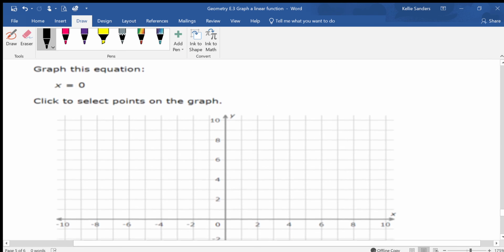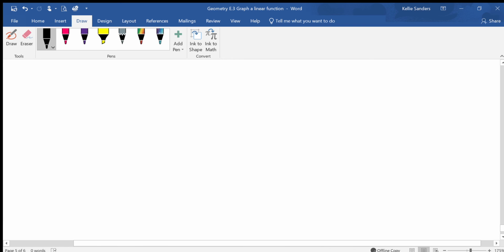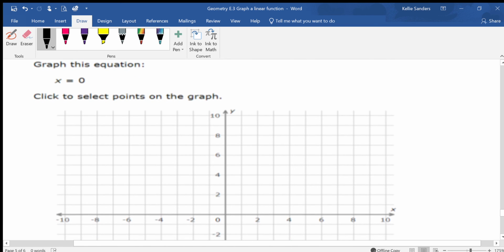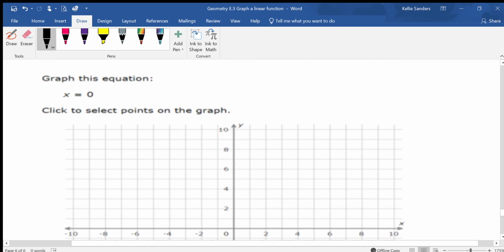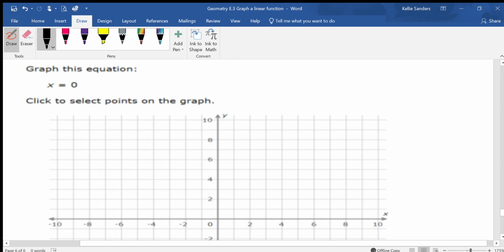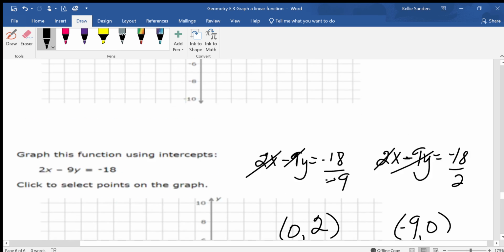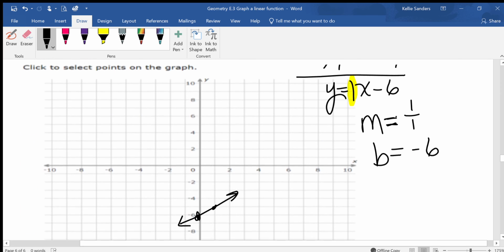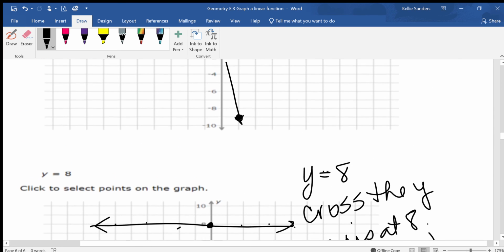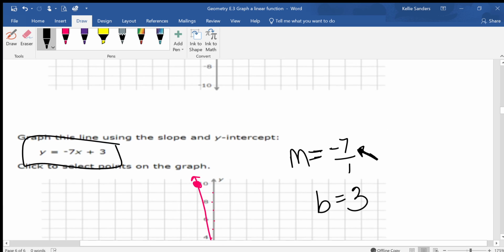Okay, I think I have this last one. So x equals 0. If x equals 0, bear with me, I'm going to go up here a little bit. I think it's the next one.